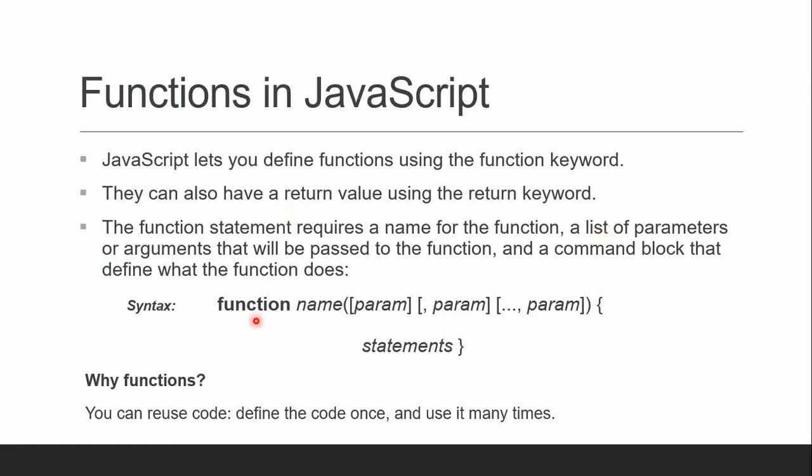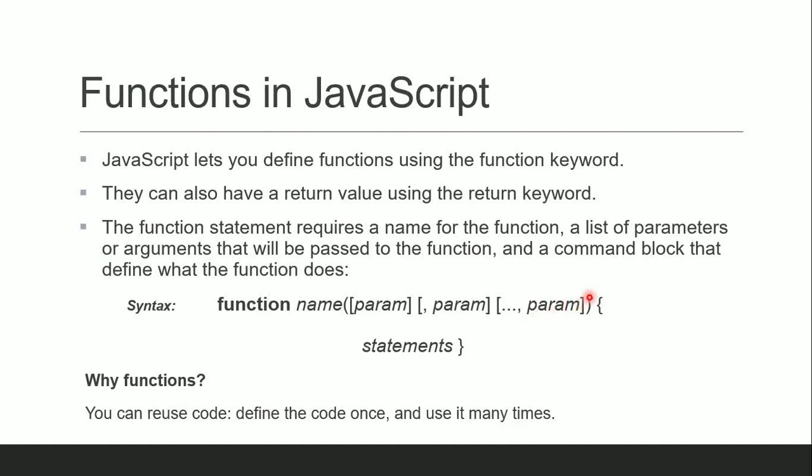For example, in this syntax, we have the keyword function and then the function name will come here. And then right inside parentheses, you're going to have parameters being passed here. And later on, these parameters can enable us to pass arguments.